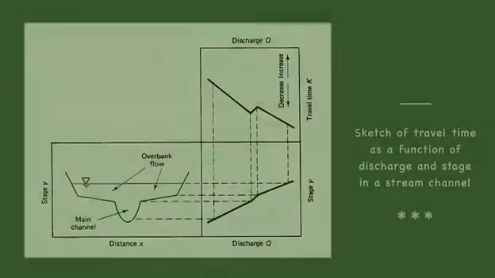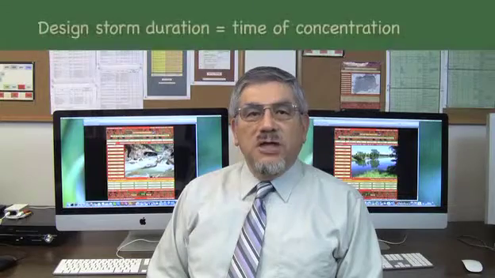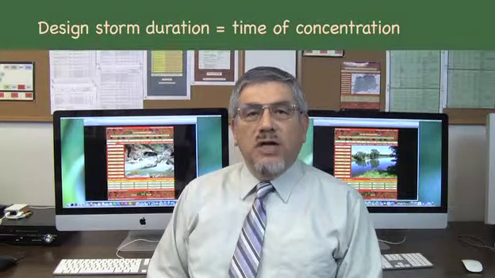The procedure involves the assumption of flow levels, channel shape, and friction coefficients. The travel time and, therefore, the time of concentration is a complex function of flow level. The assumption of concentrated catchment flow requires that the design storm duration be equal to the time of concentration.